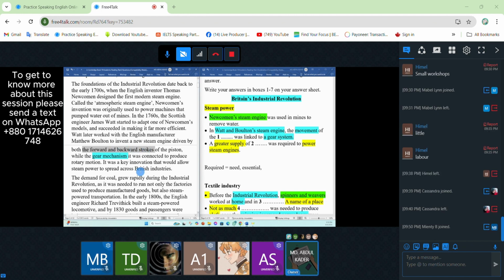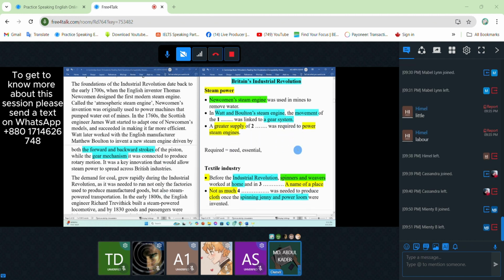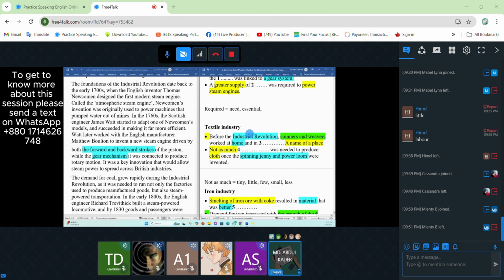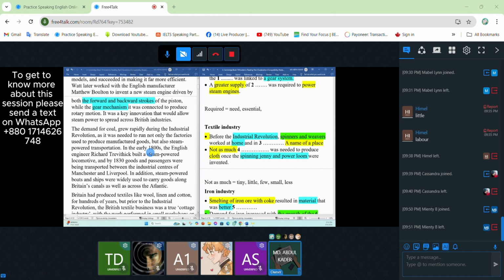This is another vocabulary. A greater supply of something means a greater demand for something. Was required means was needed. Before the industrial revolution means prior to the industrial revolution.